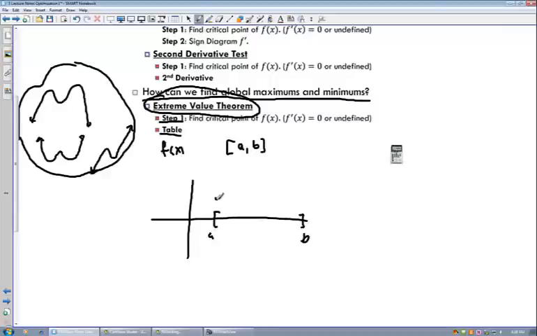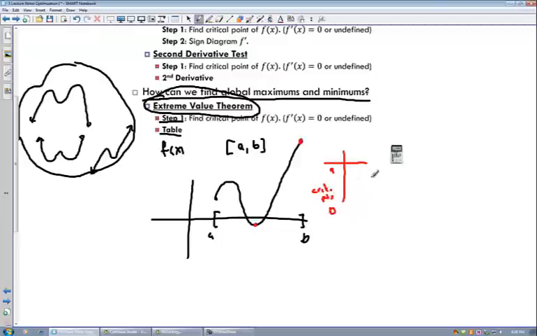Well, you could have a function that looks kind of like this. And now where would the global minimum occur? Well, hopefully you say the global minimum is this height right here. And the global maximum now occurs at one of the endpoints. So what we're going to do is we're going to make a table for the second part where we plug in the endpoints along with the critical points.